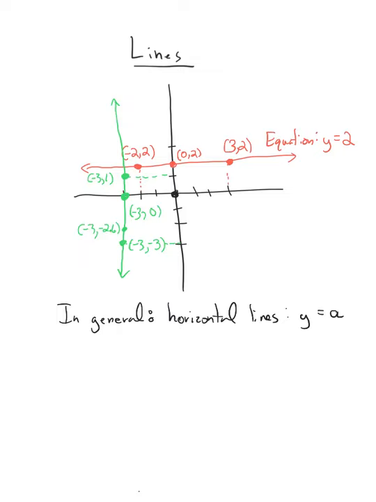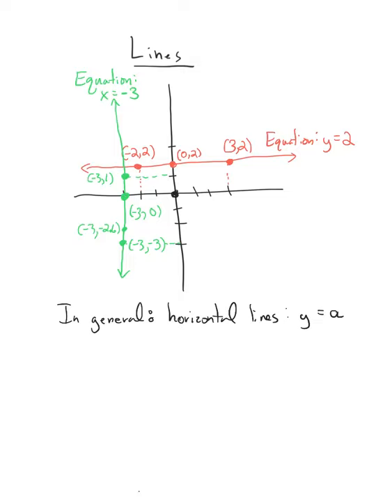But the point is, if you had to describe all points on this line, you would say, well, the y-coordinate can be anything, but the x-coordinate is always -3. So the equation for this line is x equals -3.